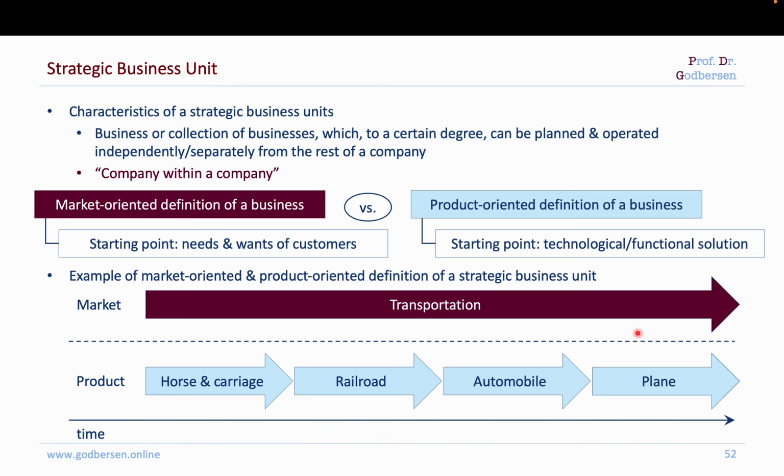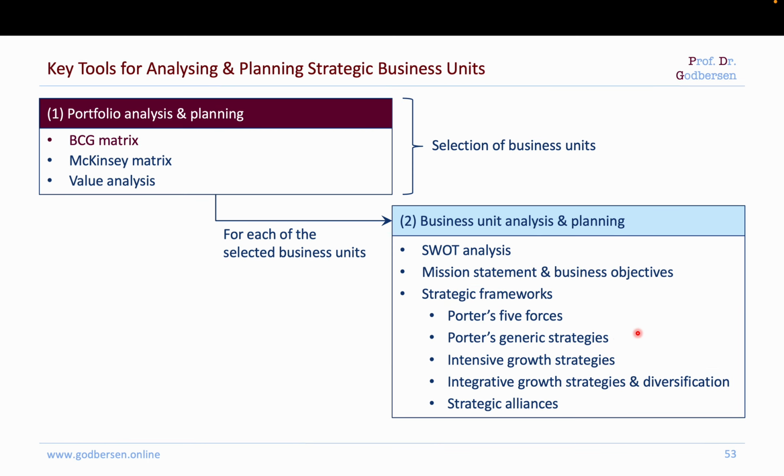There are several tools for analyzing and planning strategic business units on a portfolio level: BCG matrix, McKinsey matrix, value analysis. Then for each business unit, SWOT analysis, analyzing and deriving a strong mission and vision statement and business objectives, or using frameworks like Porter's five forces, Porter's generic strategies, and so forth.